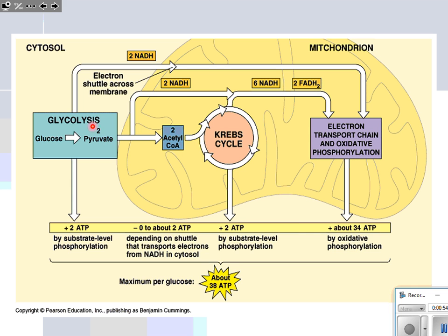And so after glycolysis, 2 turns of the Krebs cycle, and a lot of ATP production in the final step, we ended up with a maximum output of 38 ATP.